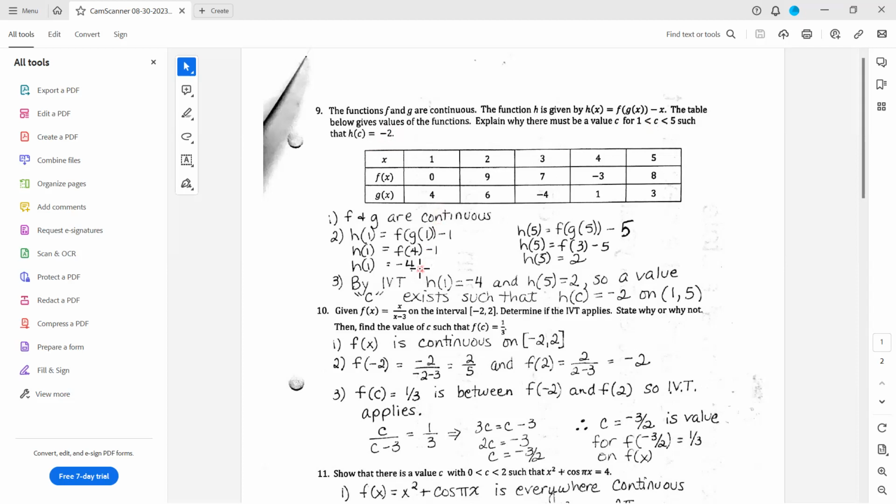So H of 1 was -4, H of 5 was 2, and -2 is in this interval, so we're on the interval from 1 to 5 somewhere.